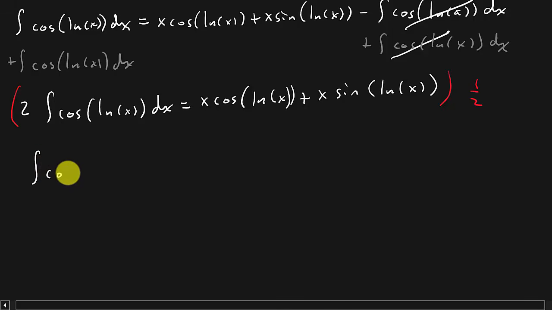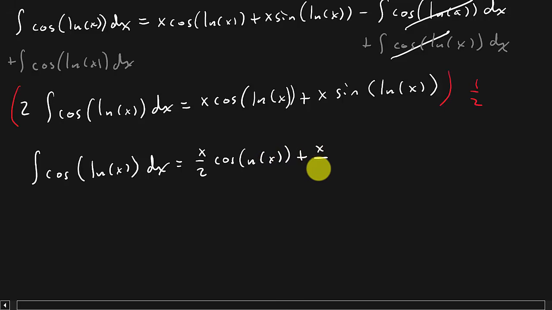So that's going to give us the integral of cosine natural log x dx is equal to x over 2 cosine natural log x plus x over 2 sine natural log x. Okay, so all we did here is we distributed the 1/2.